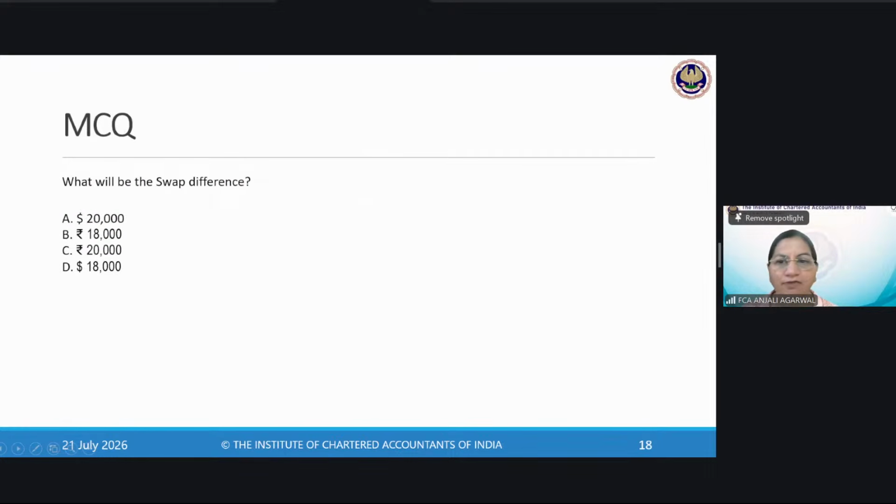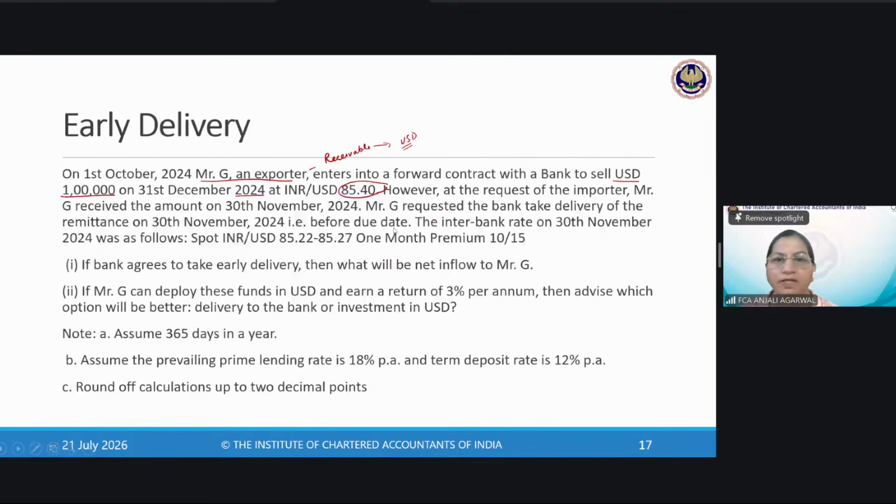So first we'll have to calculate the swap difference. The bank will receive $100,000 on 30th November.